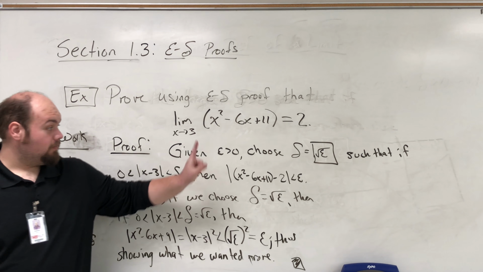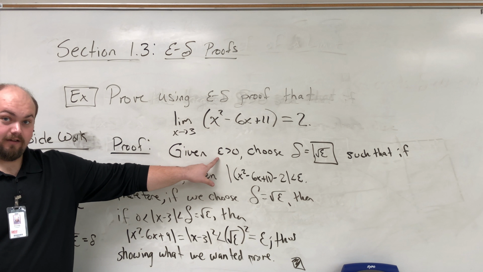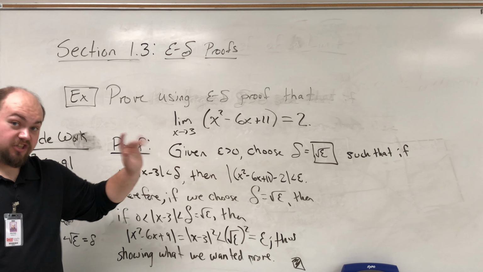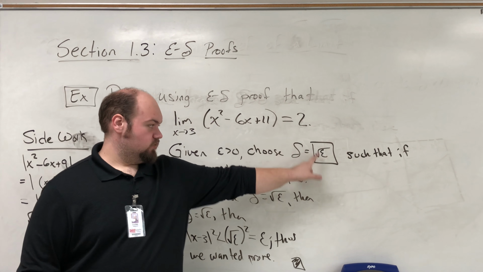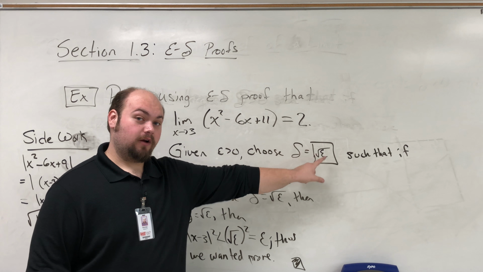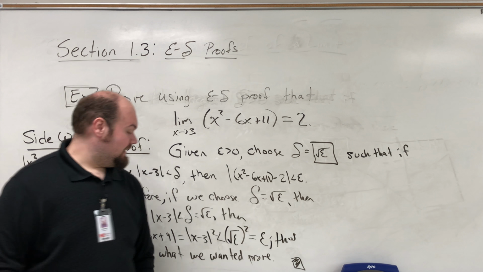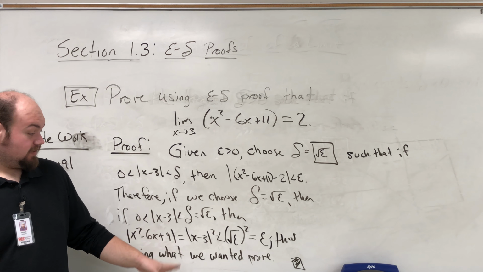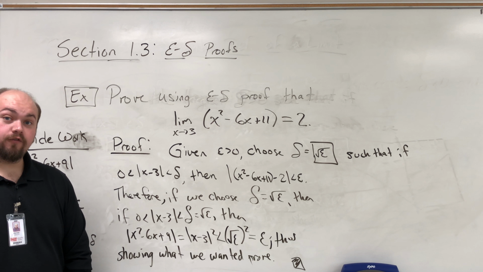So again, no matter my choice of epsilon, as long as it's positive, which in this case is really important because we're talking about the square root, I just need to take the square root of epsilon and I end up getting a delta that will always work for this case.